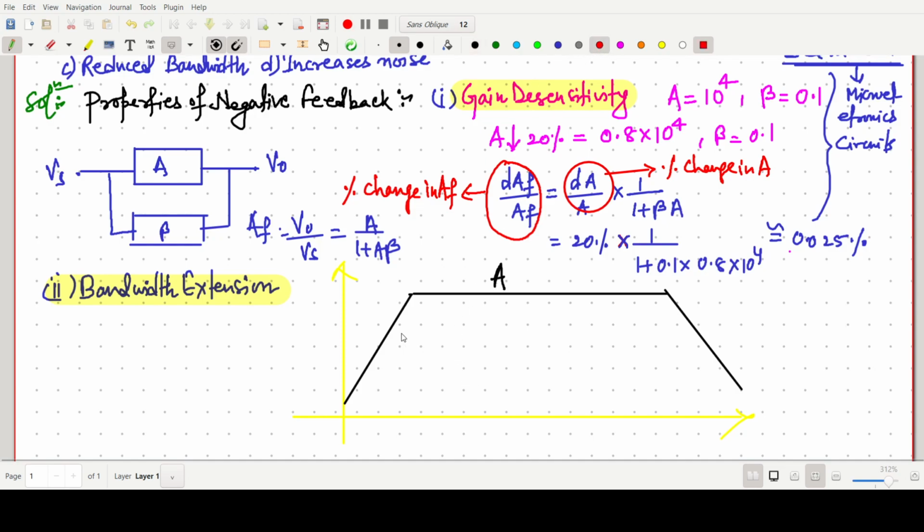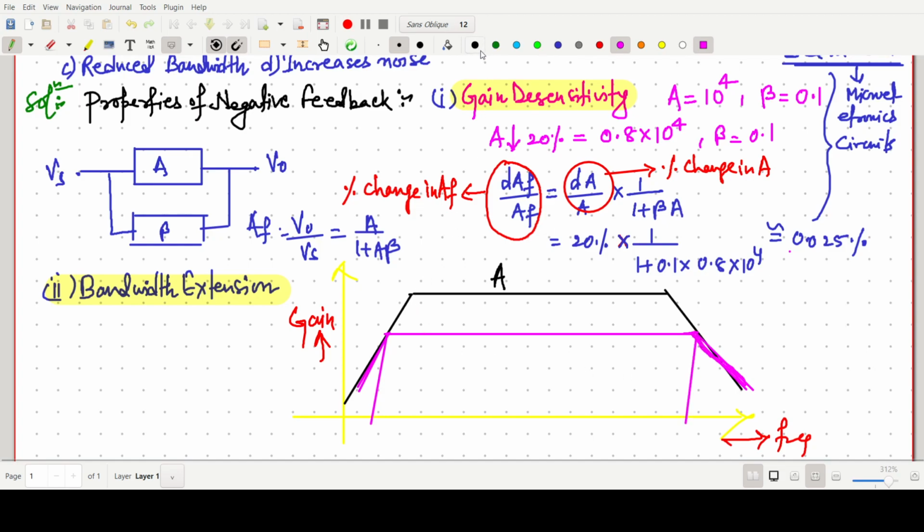The vertical axis is our gain, and this one is the frequency. If we plot it for negative feedback, it will come like this, overlapped on this one. So this is what we can call the extension.